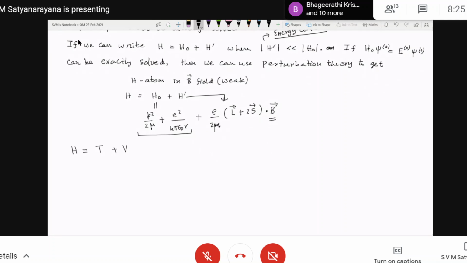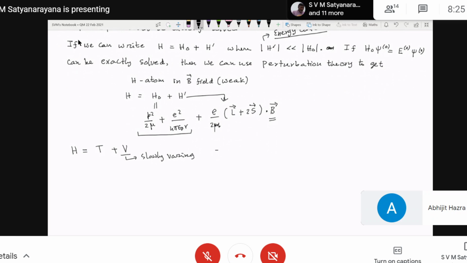But if you can say that the potential V is slowly varying, then you can use what is called the WKB method that we have seen last class.